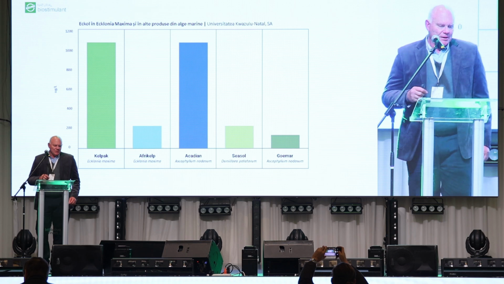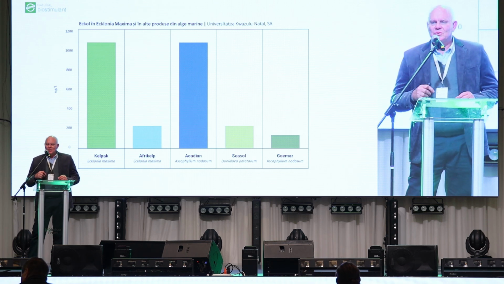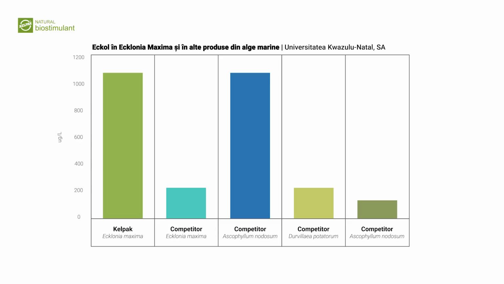Okay, so we also looked at the compound ecol, which is a fluorotannin, also referred to as polyphenols. Now, when we compare this to other seaweed resources, we found that a product called Afrikelp, made from the same seaweed species as ours, has a lower level.